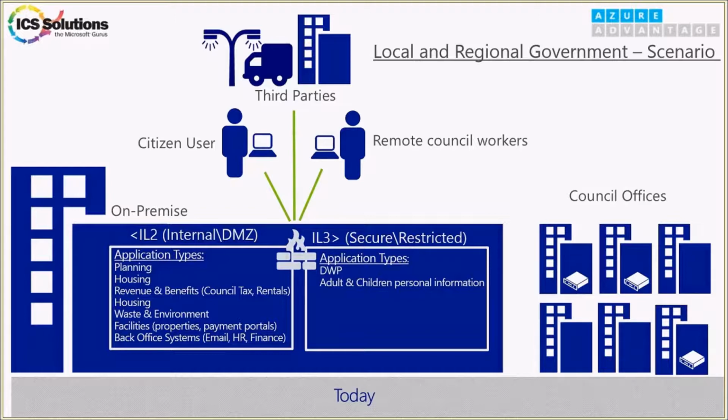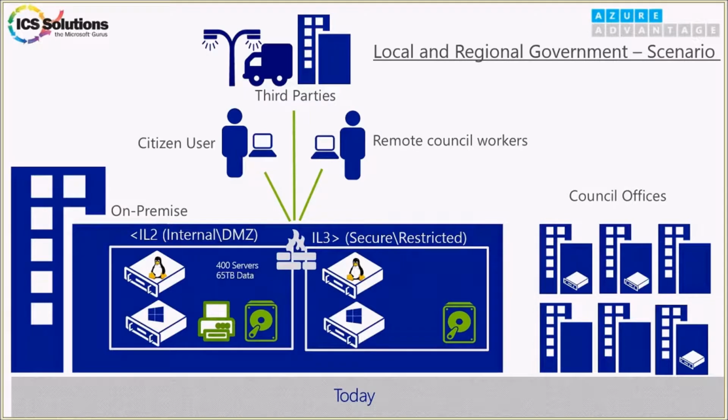And not to forget that there's not just one office within the councils, there's probably lots of council offices that you have to be concerned about and allow communications to those applications. So we can talk about how that would work within Windows Azure. So really what we're talking about is there are a variety of different server applications and products.